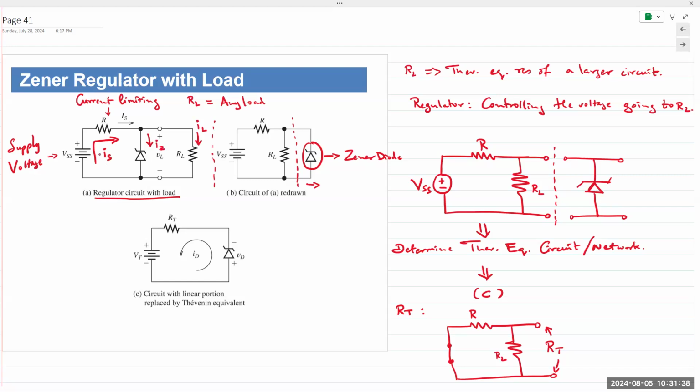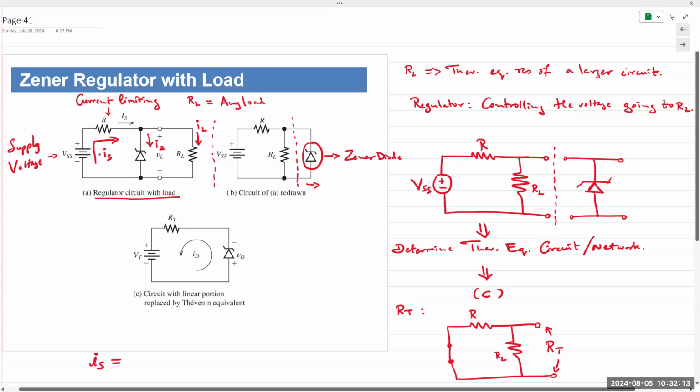If RL doesn't change, R doesn't change, but the VSS changes and VL or VZ remains constant, then the current IS has to change. Just simple physics. Current I changes. Now, RL is not changing and VL, the output voltage, is also not changing. So where is that extra current going? KCL equation.